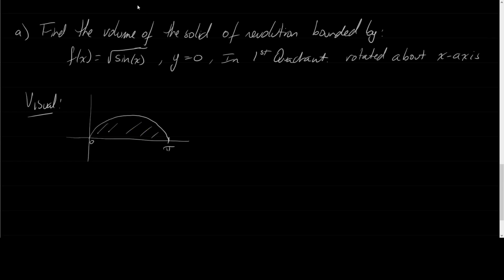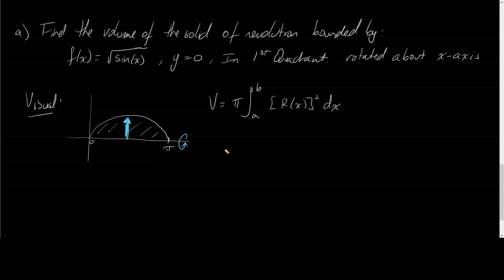Now in here, if we're rotating about the x-axis, what's our radius? Our radius from our axis of rotation is just that distance, and that distance is given by our function. So what we're going to get now is that the volume is pi times the integral, and since we're doing a horizontal rotation, it should be from a to b of our radius with respect to x squared dx.